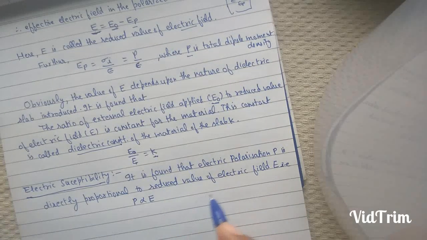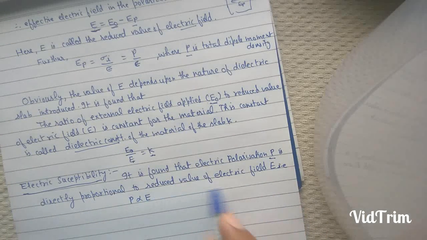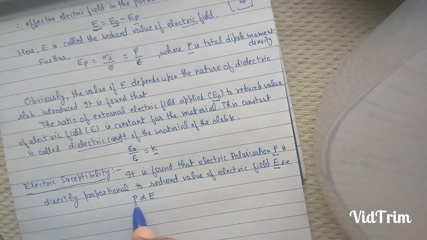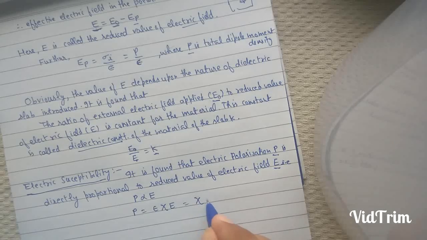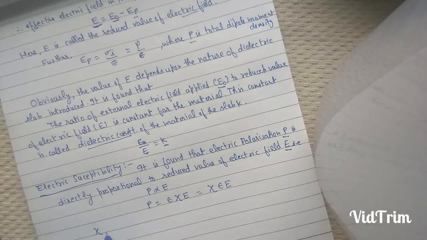Electric susceptibility. It is found that electric polarization P is directly proportional to the reduced value of electric field E. We can write P is equal to epsilon chi E. Here chi is a constant called electric susceptibility.